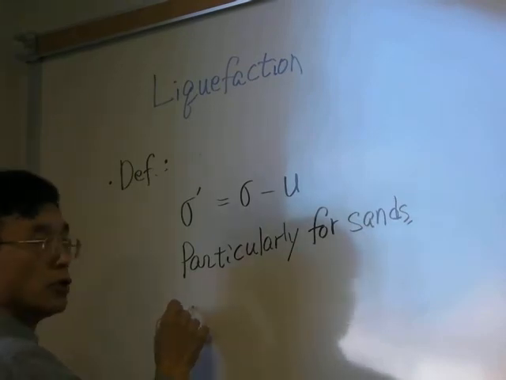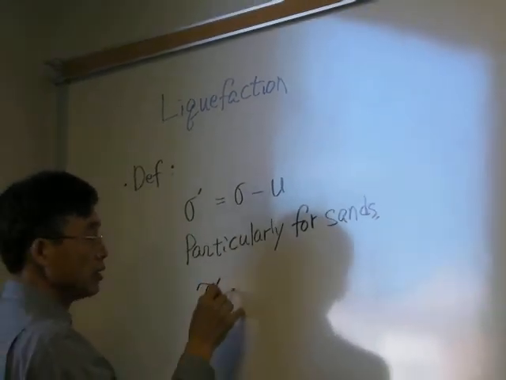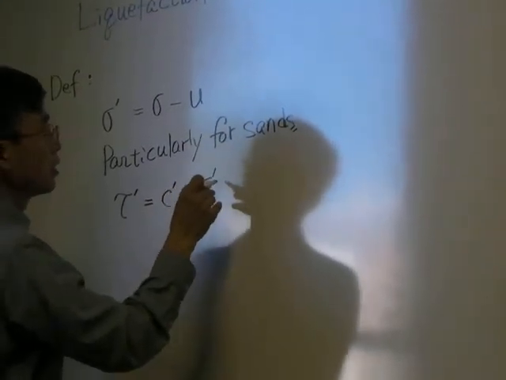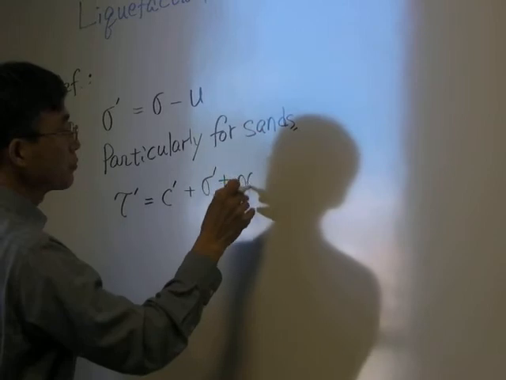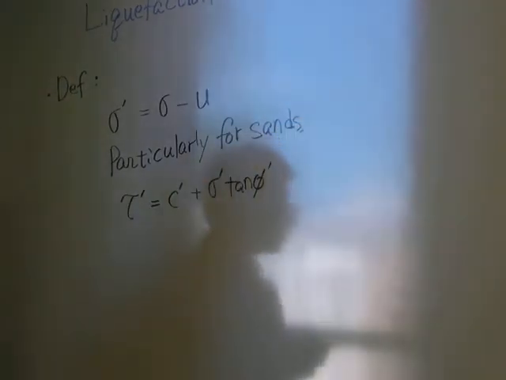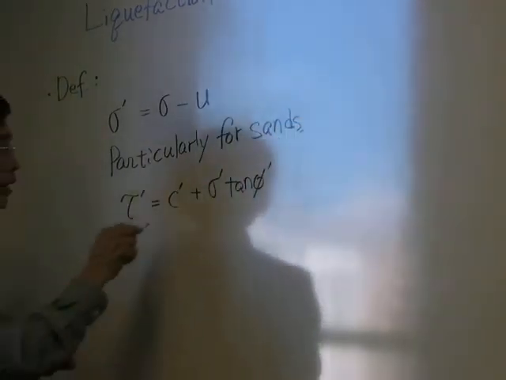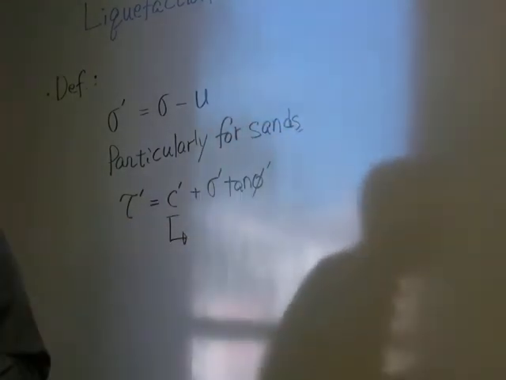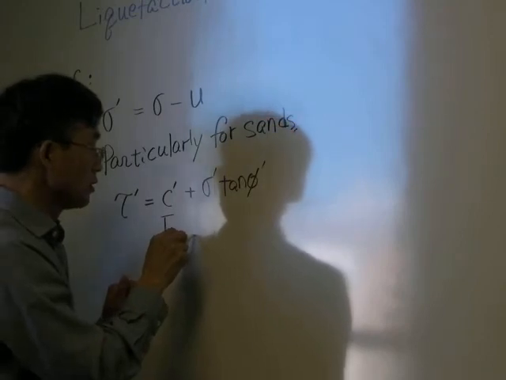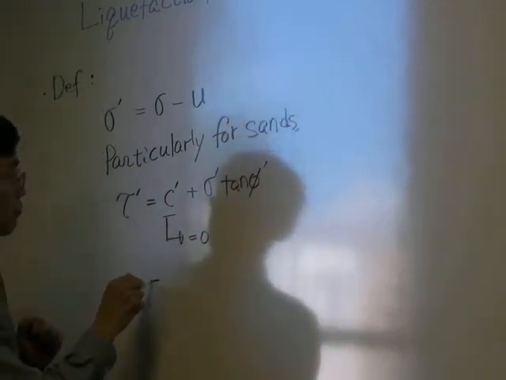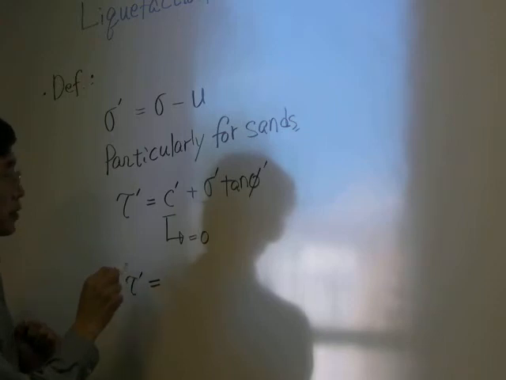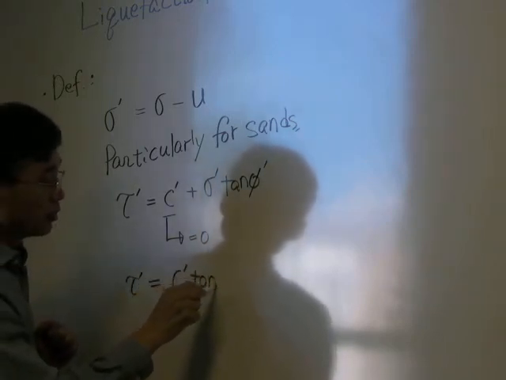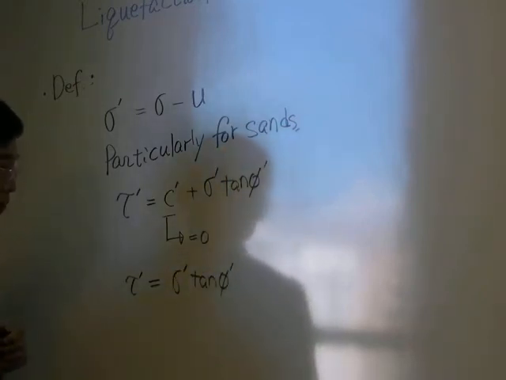We know that shear strength of sand is c prime plus sigma prime tangent phi prime in terms of effective stress. And this cohesion for sandy soils is what? 0 or negligible. That means our shear strength for sand can be expressed as sigma prime tangent phi prime.